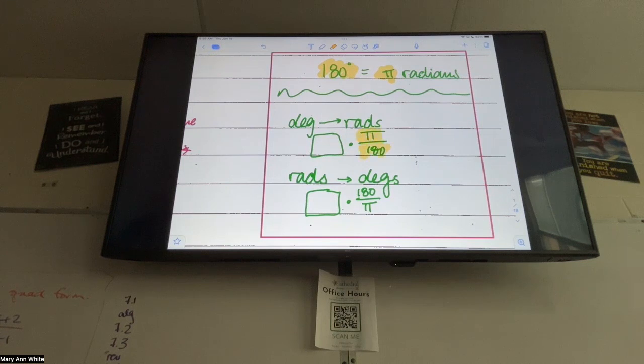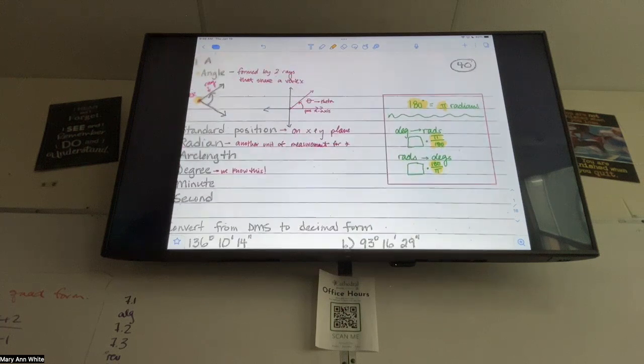Pi over 180 is what we multiply by something in degrees to get it into radians, and vice versa, going from radians to degrees, we multiply by 180 over pi. I use the comparison of degrees Celsius versus degrees Fahrenheit. They still measure the same thing, temperature. With degrees and radians, we're both talking about angles, but they're two different units of measurement. So that's what we talked about the other day.